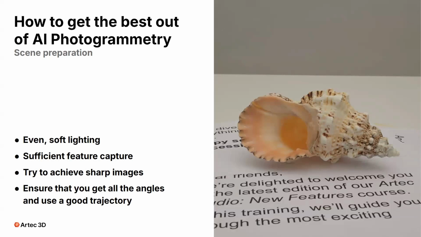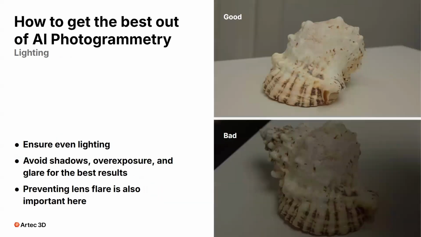So for the full coverage and for the best reconstruction possible, more angles will be able to provide a better triangulation, better position of the camera poses, and then the better reconstruction of your 3D model, which is ideally what we want. So yeah, now let's talk about these points in depth.